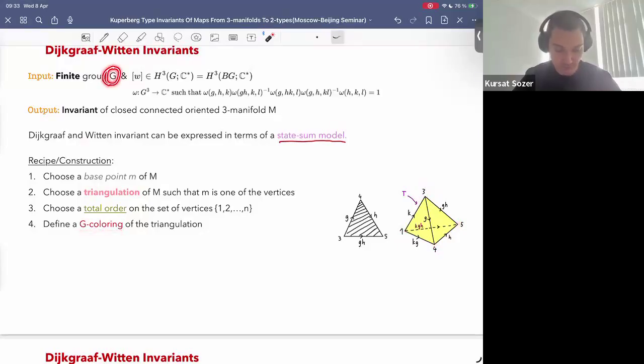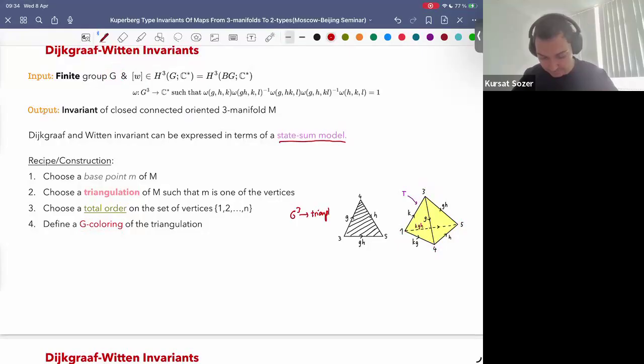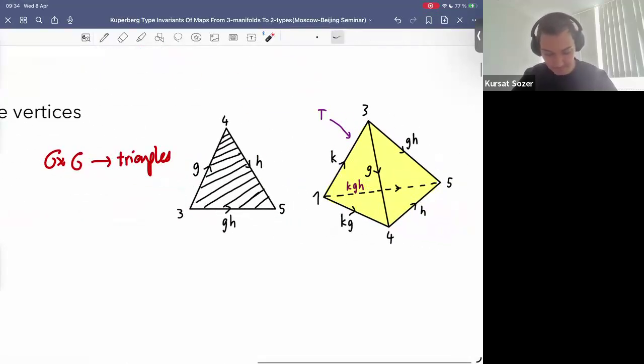The input was this finite group G. The G-coloring of the triangulation is a map from the edges to G, compatible with the order of the vertices.